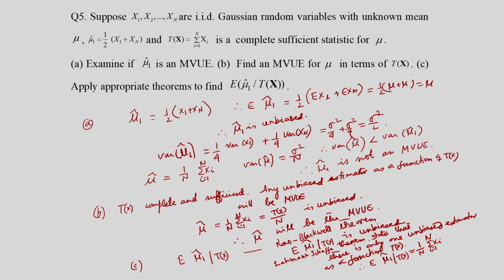Then since Tx is a complete statistic, it has only one unbiased estimator as a function of Tx, and 1 by n summation xi is a function of Tx and is unbiased. Therefore, that conditional expectation must be equal to this estimator itself, summation xi, i going from 1 to n, divided by n. Thank you.